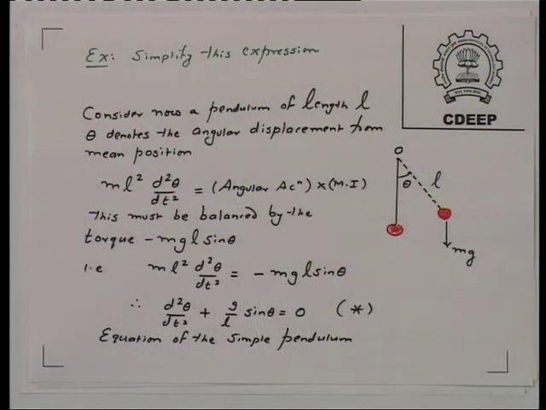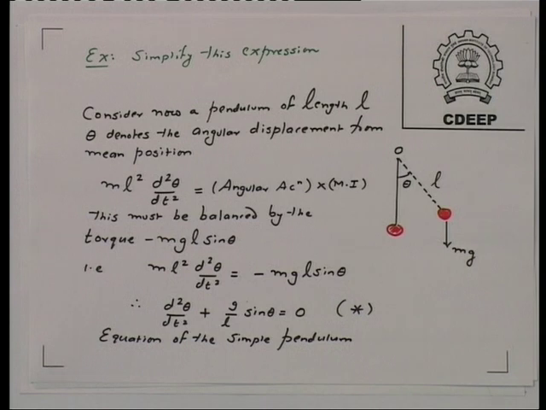The angular displacement theta is what you are looking at. So, let us consider a pendulum of length L. Theta denotes the angular displacement from the mean position. So, what is the balance law that is operating here?